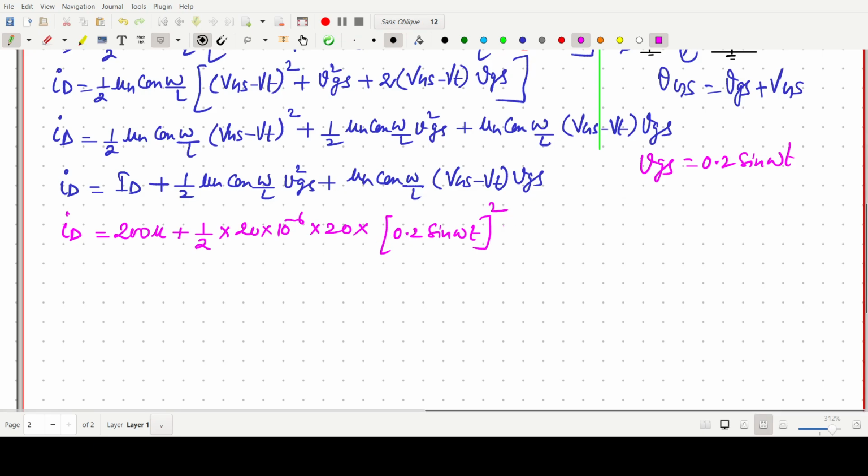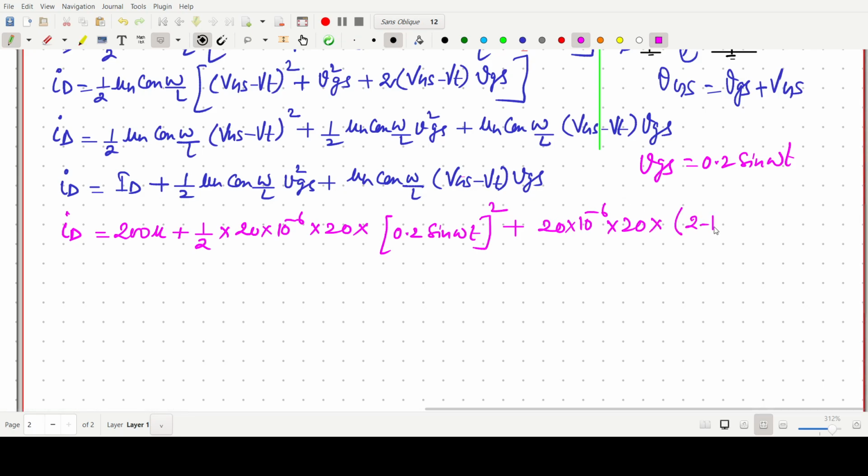Okay. Then again plus the term mu n COX, 20 into 10 to the power minus 6, into 20, VGS minus VT. VGS is 2, VT is 1, so 2 minus 1, into vgs. We have to be very careful about all the calculation.